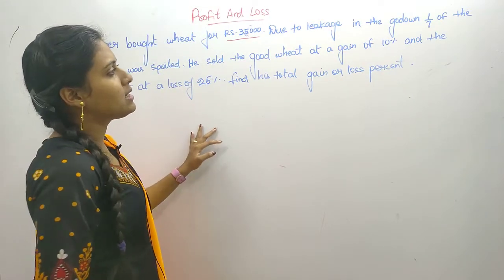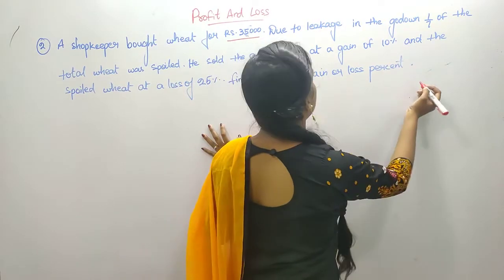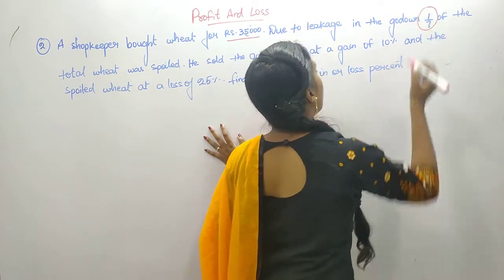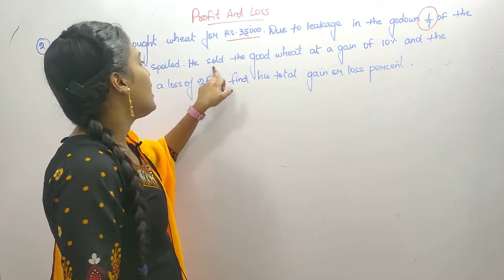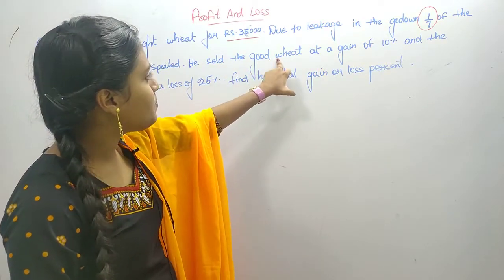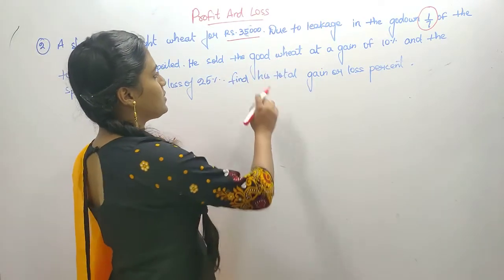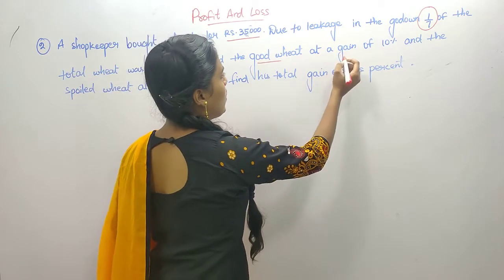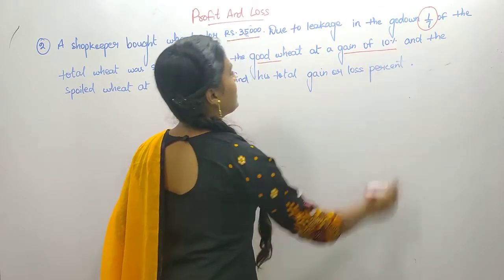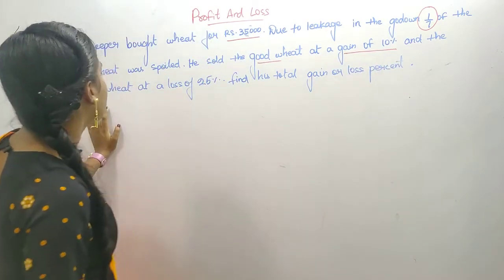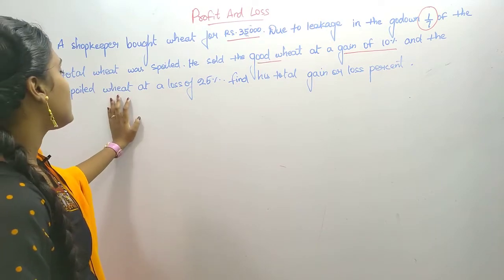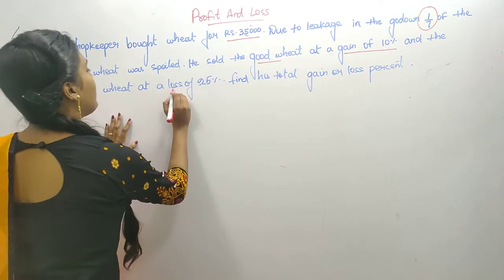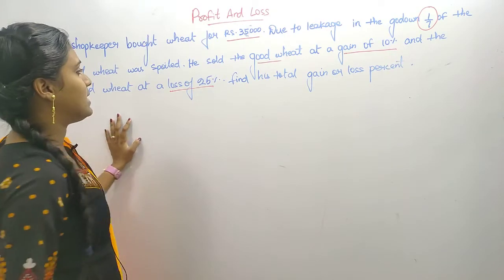He sold the good wheat at a gain of 10%, and the wheat which was spoiled due to the leakage, he sold at a loss of 25%.